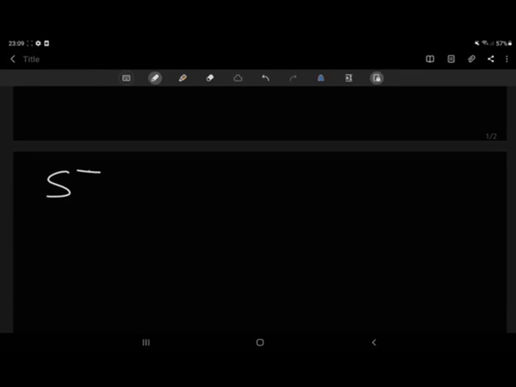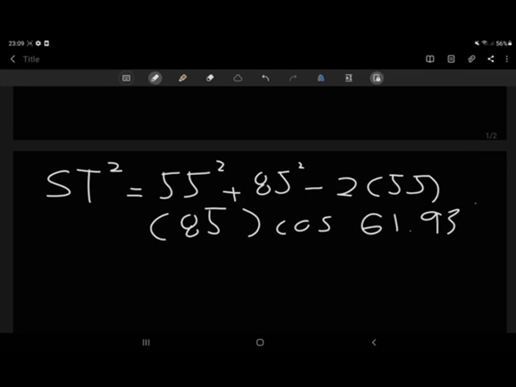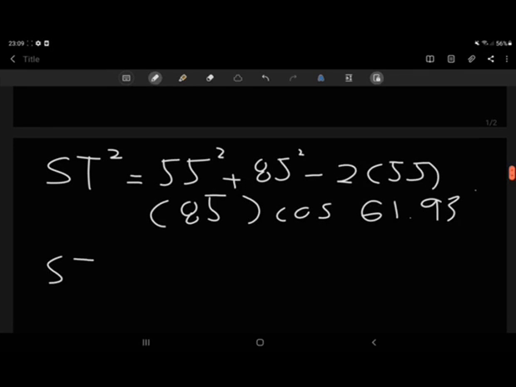So the next step is we need to find the ST distance. So use the cosine rule. ST square equal to 55 square plus 85 square minus 2 multiply 55 multiply 85 cos 61.93 degree.